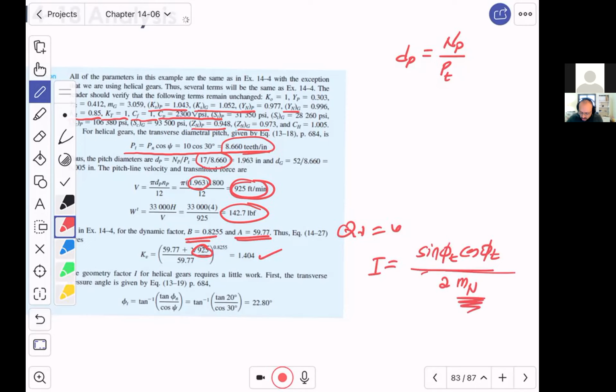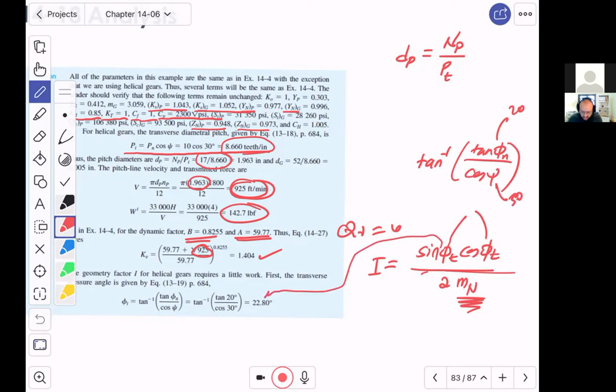So this angle phi t is actually the tan inverse of tan phi n divided by cosine psi. What is this? 20. What is this? 30. So this angle is not 20 like a spur gear. It's actually 22.8 degrees.